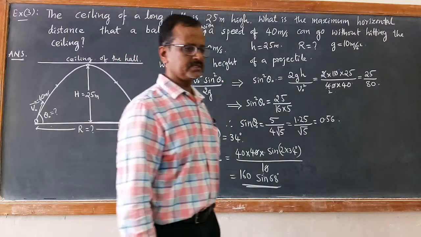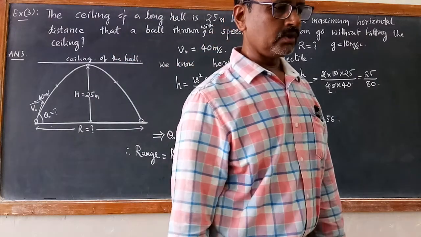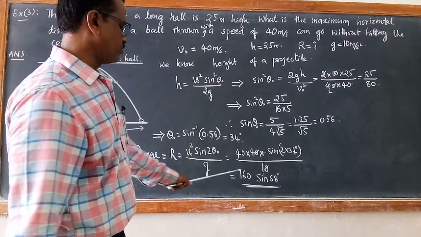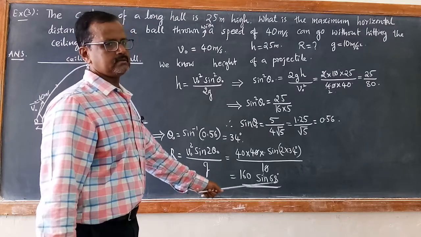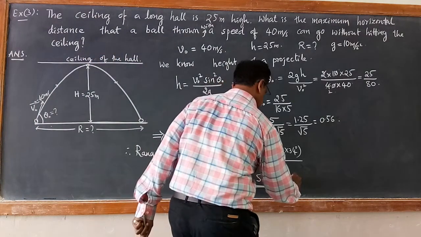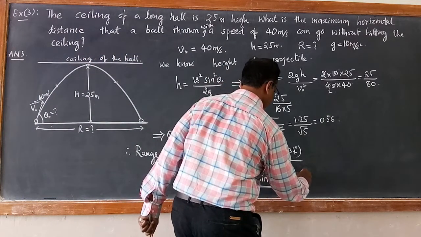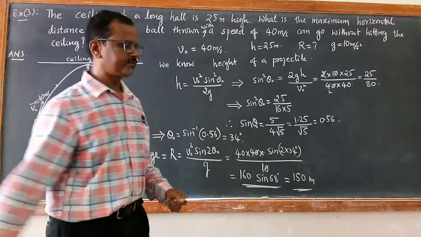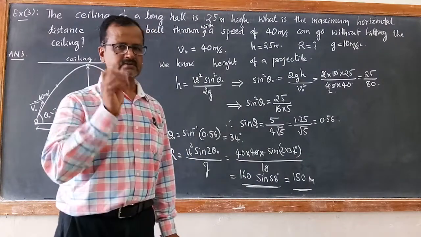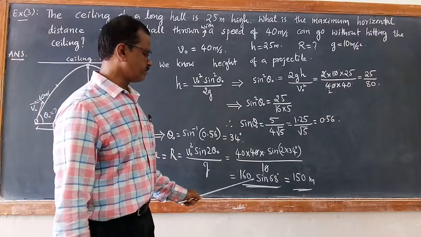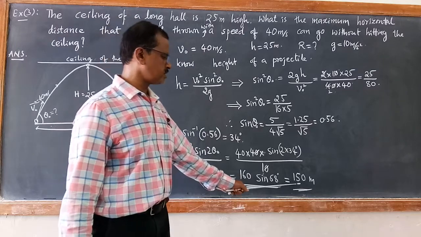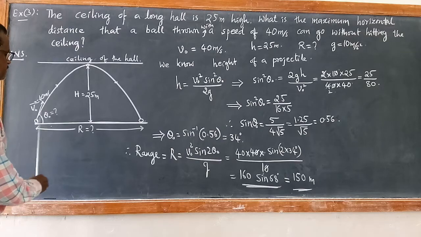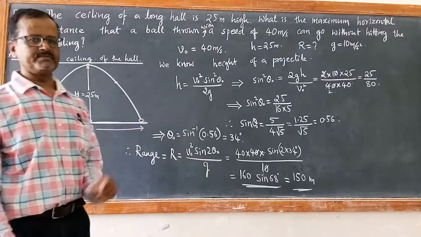If you find this, it is almost equal to 149. Almost we can take this as 150 meter, because sin 68 will be less than 1. It is a fraction. So when you multiply that fraction with 160, it almost comes out to be 150 meter. Means the horizontal distance covered by the projectile is 150 meter.